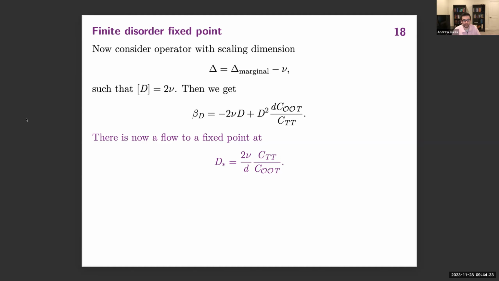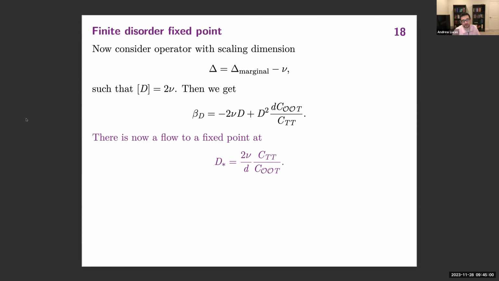Now, here we're not going to change the space-time dimension, but we can imagine just tweaking the scaling exponent of our Harris marginal field and making it just a little bit Harris relevant. So imagine turning on a field with this exponent, nu, where nu is just a little bit larger than 0.